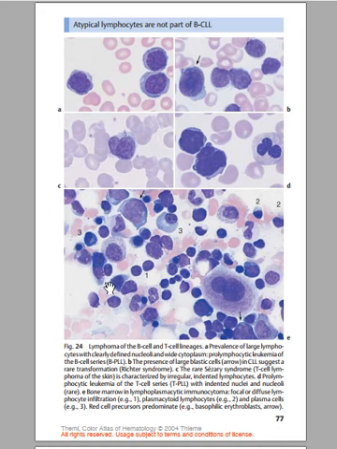In this diagram, the next is diagram C. This is Sézary syndrome, a T cell lymphoma of the skin. Sometimes lymphocytic leukemia can be considered a lymphoma, sometimes not.